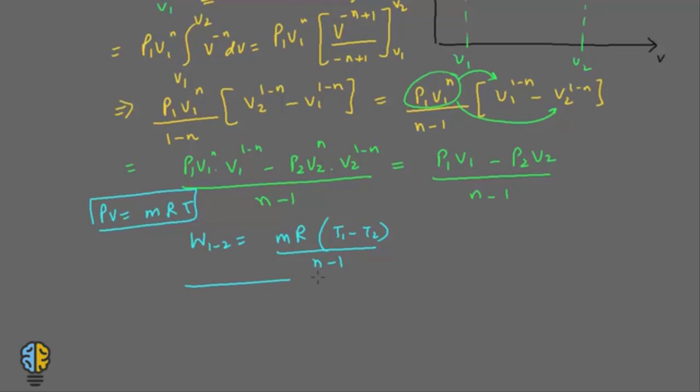These two expressions, the work done for adiabatic and the work done for polytropic, are almost similar. The only difference is that in adiabatic you have gamma over here, and in this you have n over here. This index, the polytropic index, is the only difference in this expression. So this was the work done for a polytropic process.